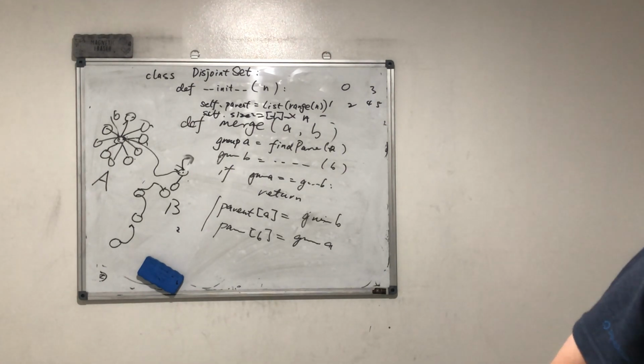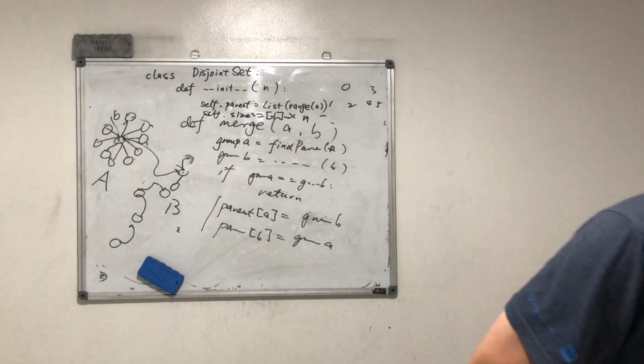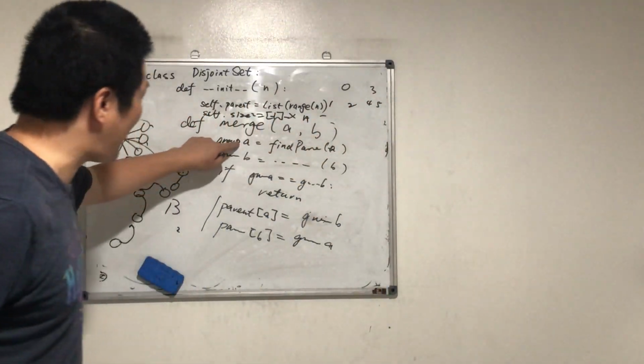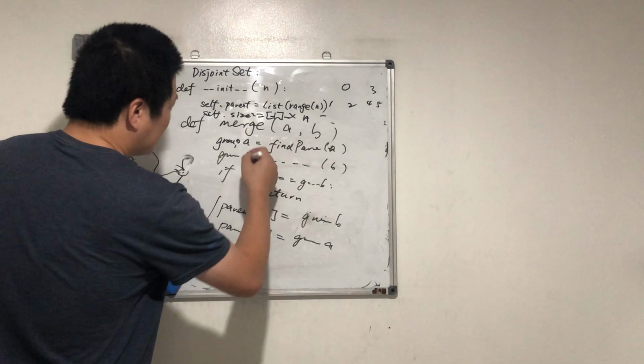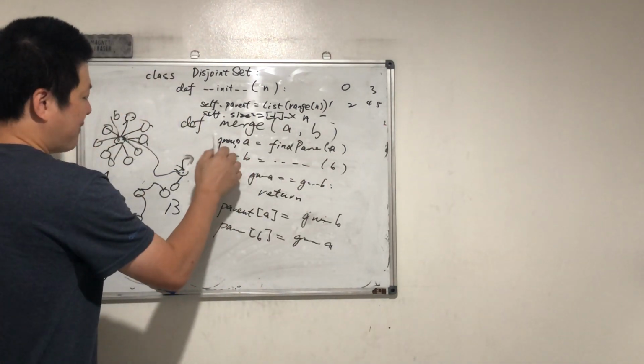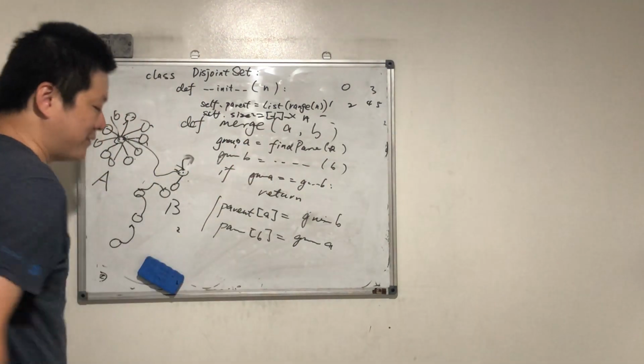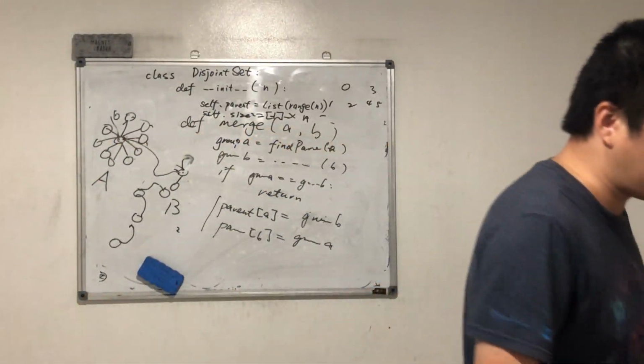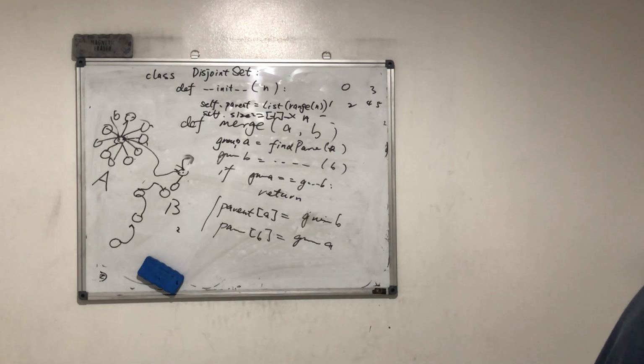We merge the smaller size to the bigger size, and then we update the size: size of group A plus equals size of group B, or size of group B plus equals size of A. In this case, we are always merging the set with smaller size into the bigger one.